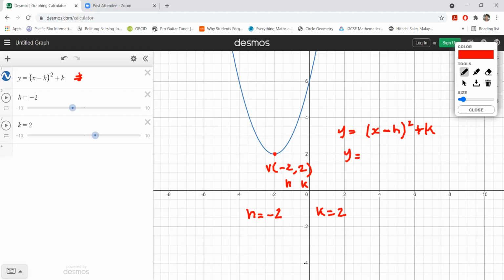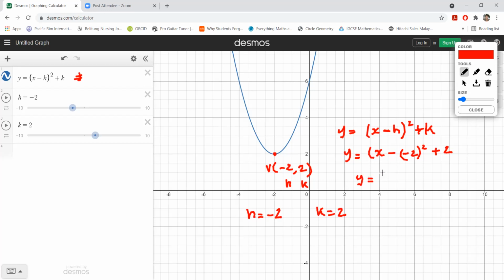So y equals x minus -2, because h is -2, squared plus 2, like that. Now, minus negative, we normally make that positive, don't we? Because minus times a minus is positive.